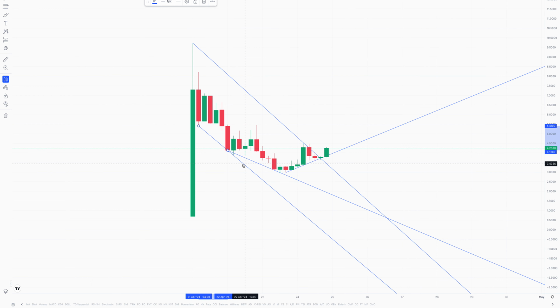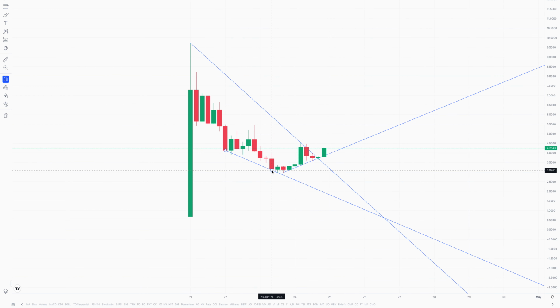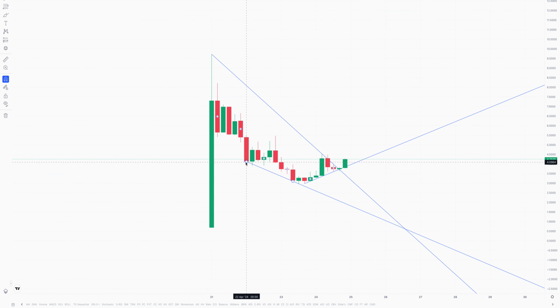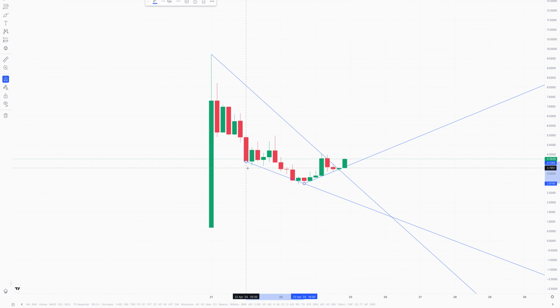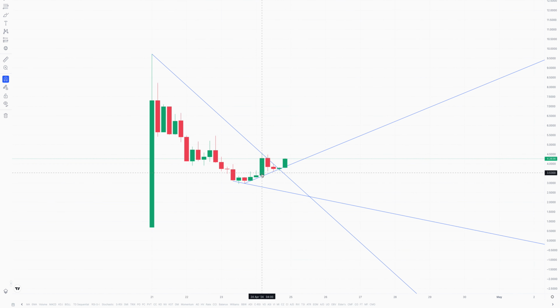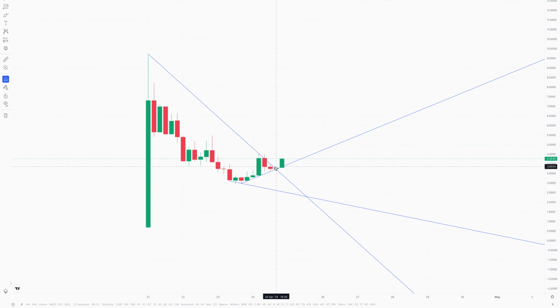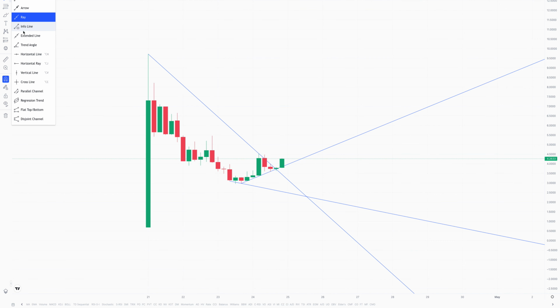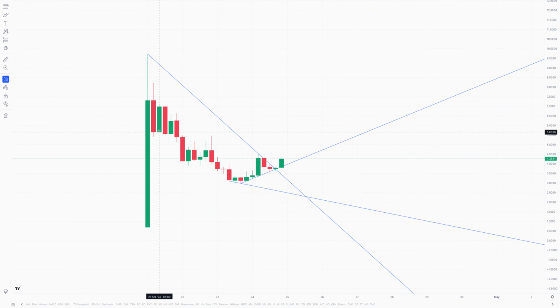Let's declutter our chart. We're not going to need this, obviously. We're not going to need this line. Okay, we'll keep that there. And this is the local uptrend. Perfect. So there's that local breakout. Let's mark some origin levels here.